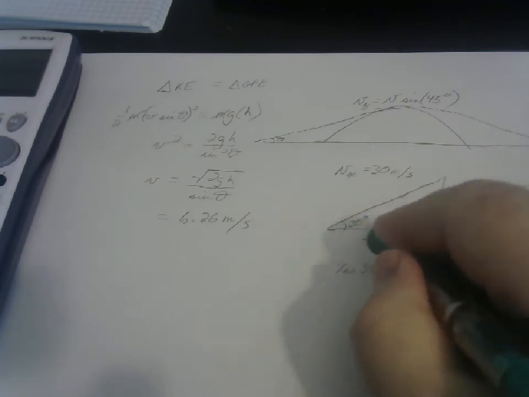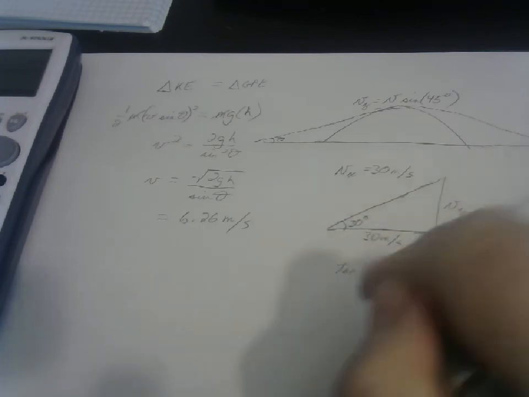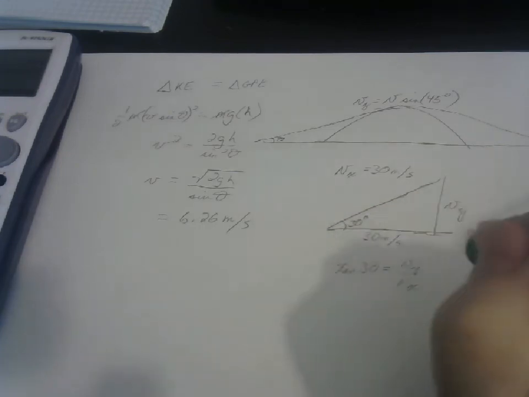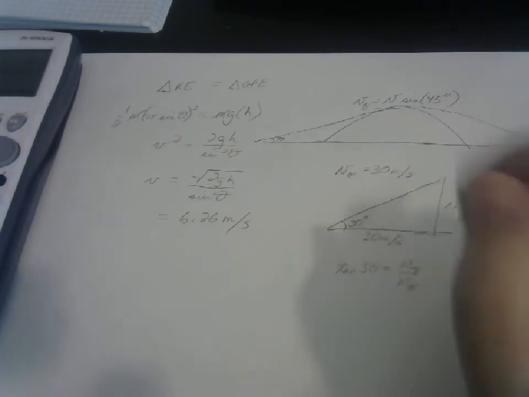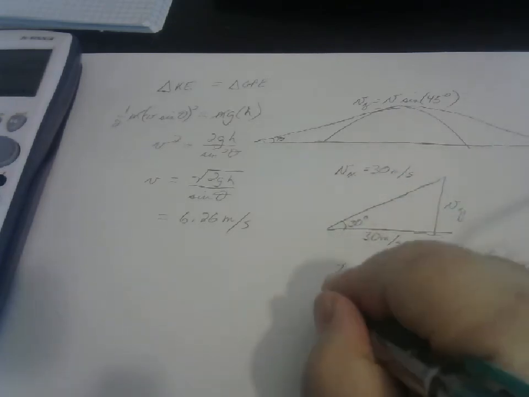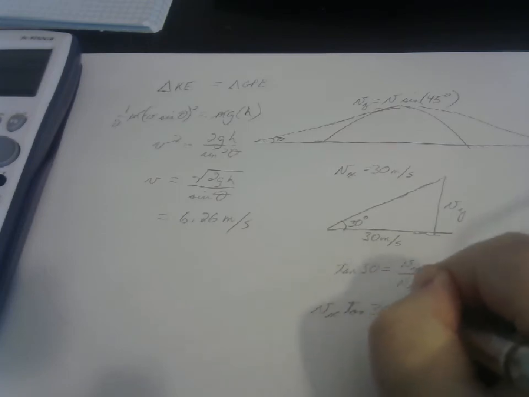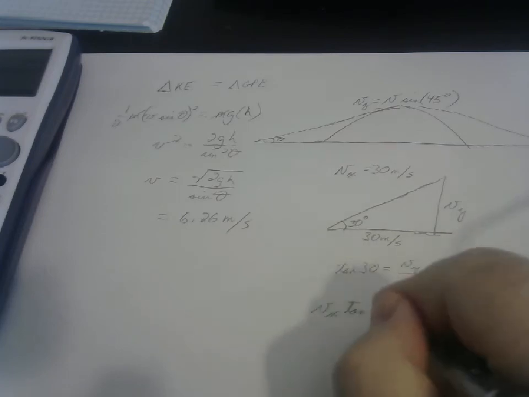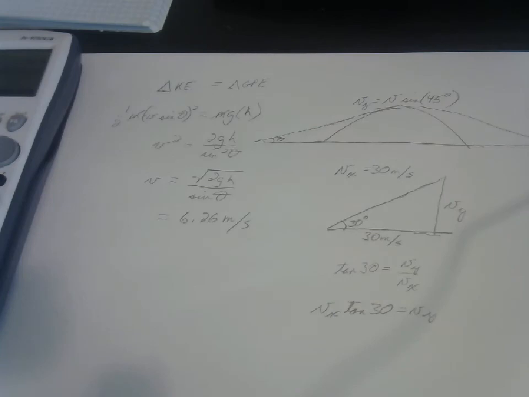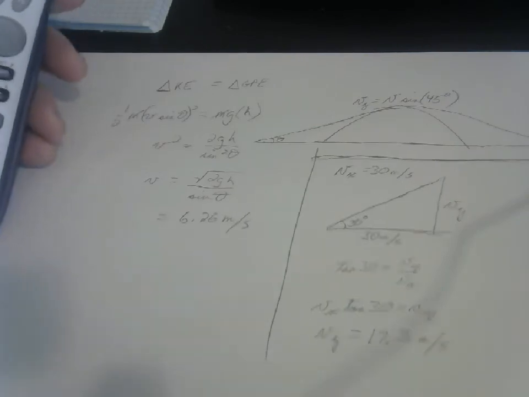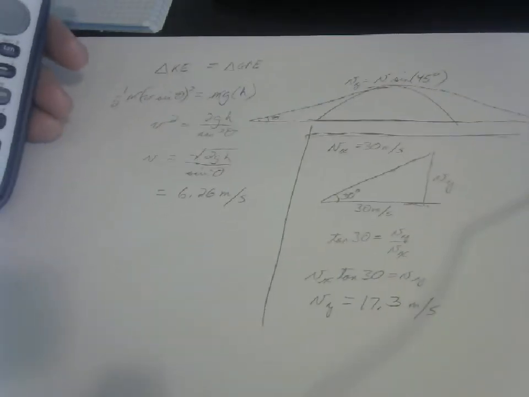It's launched at an angle of 30 degrees, so I can use the tangent equation, tangent 30 equals v sub y over v sub x. And we would have v sub x tangent of 30 equals v sub y, or 30 tangent 30. So v in the y direction must have been 17.3.